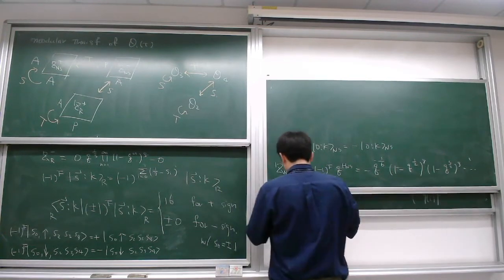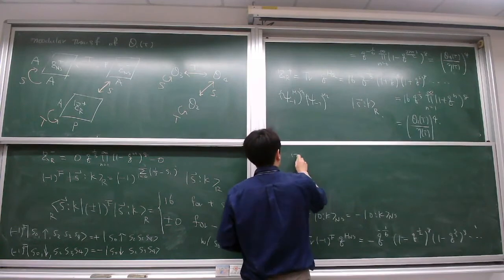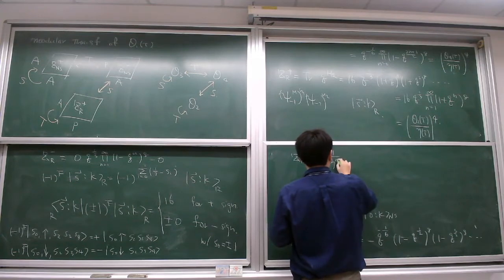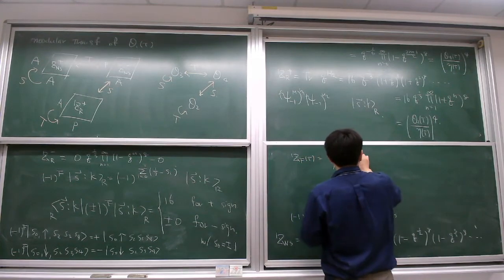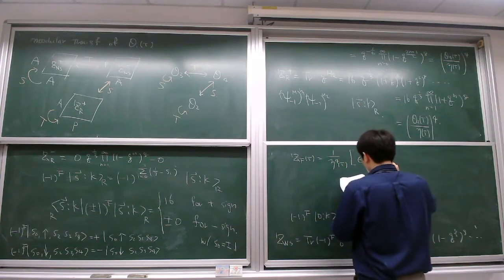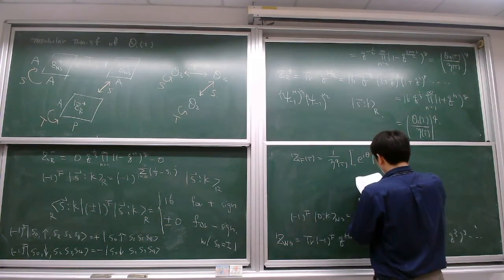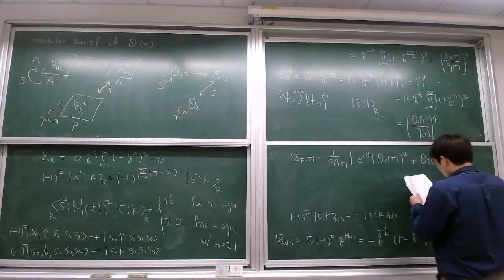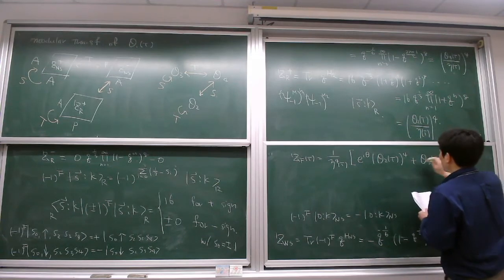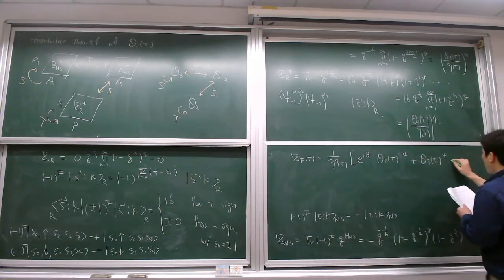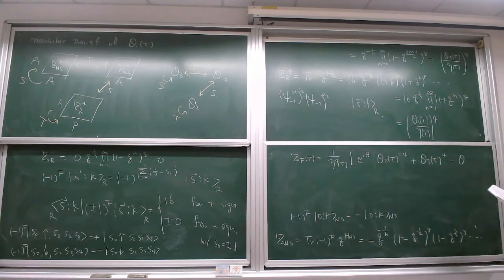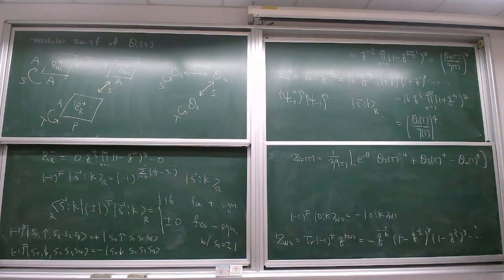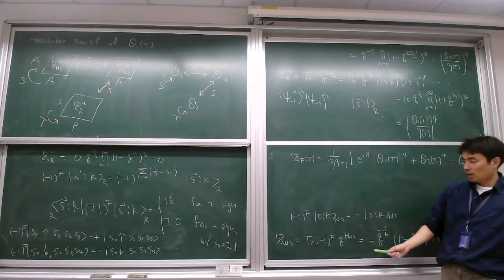So the torus partition function Z(tau) has to be equal to 1/(8 eta(tau)) times some phase, and then theta 2 of tau to the 4th plus theta 3 of tau to the fourth, minus theta 4 of tau to the fourth. That's how this minus sign really comes from the NS vacuum.